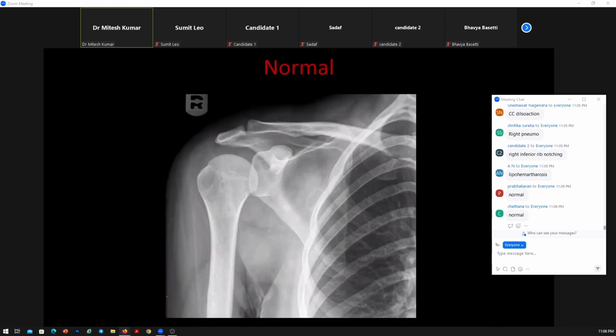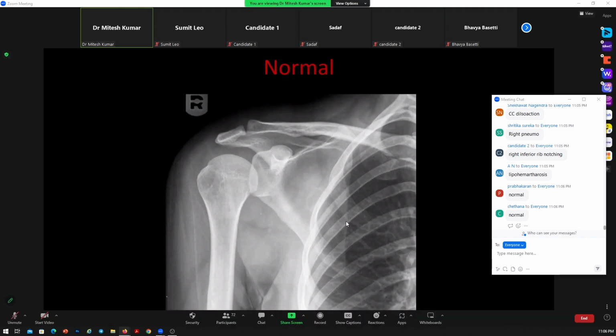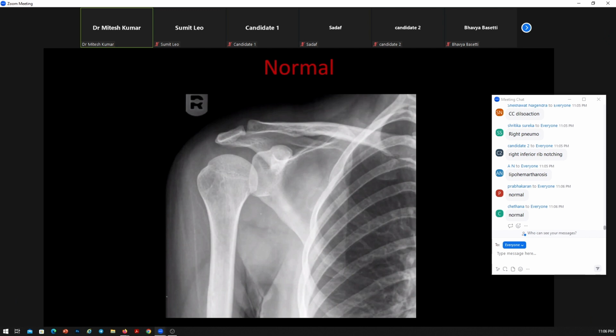It's a normal X-ray. So the idea behind showing is that if you are not able to see any pathology, it is most likely normal. I remember Dr. Sandeep, when I gave my FRCR 2B exam. Dr. Sandeep, are you there? Yes, I'm there. When I gave my FRCR 2B rapid reporting, I hardly used the function of pan, zoom, and adjusting the windows.